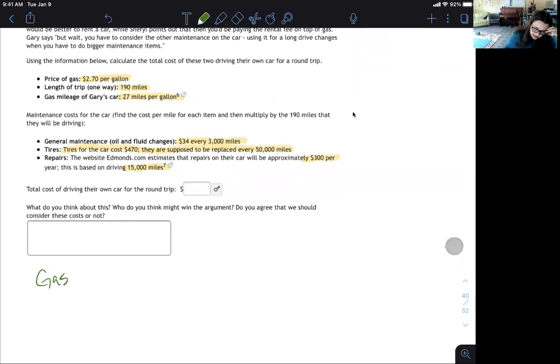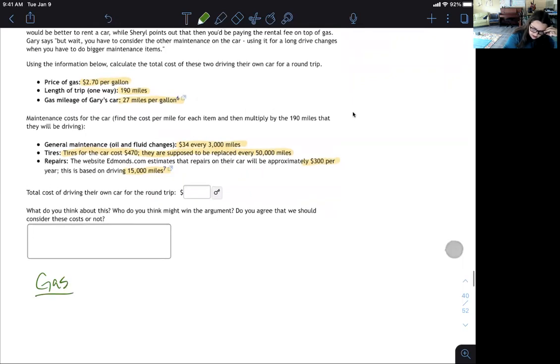For the gas, I could round this because we're just estimating. So I prefer to use 200 miles. For every 27 miles, I need to buy 1 gallon of gas. If this is one way, and I'm going to go 2 ways, I could double that.